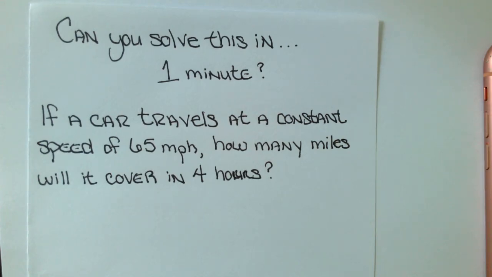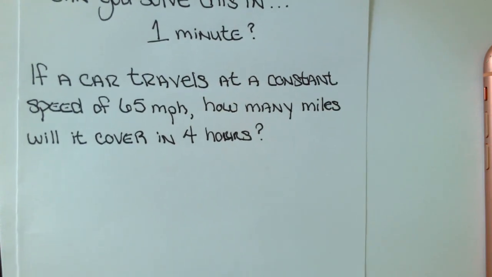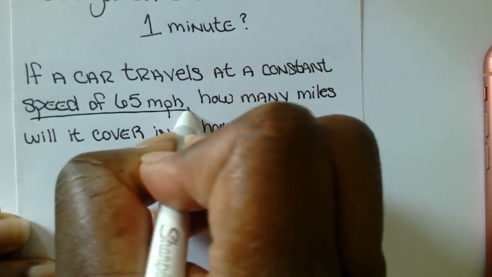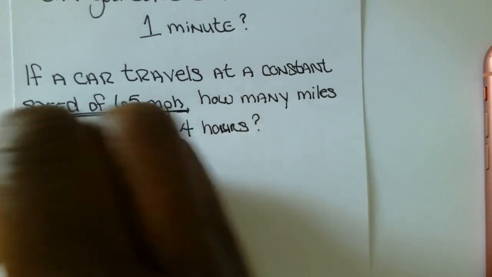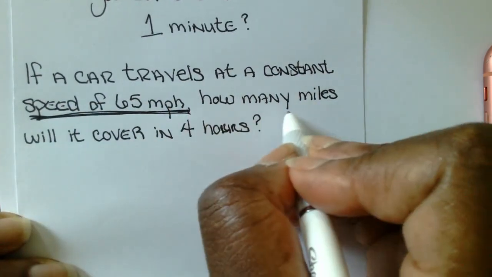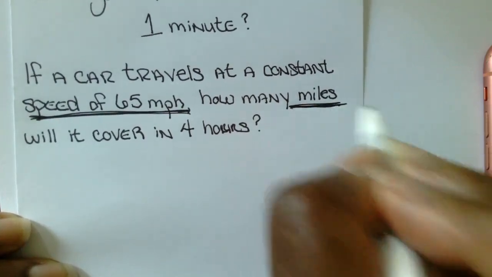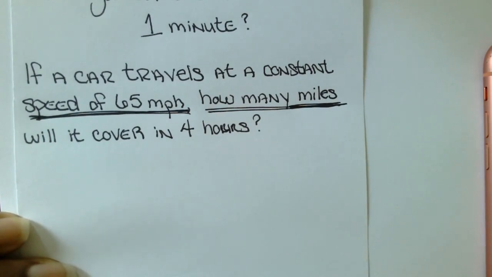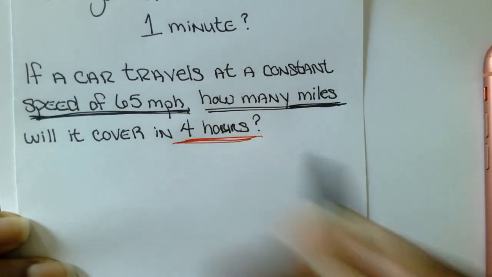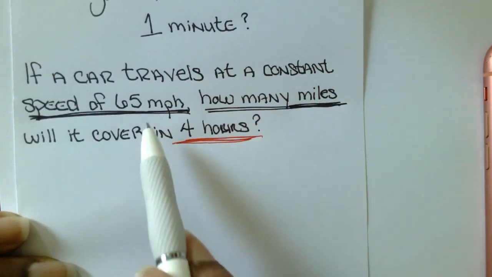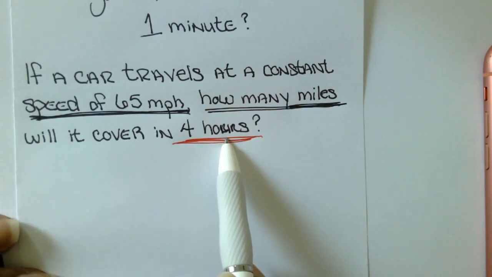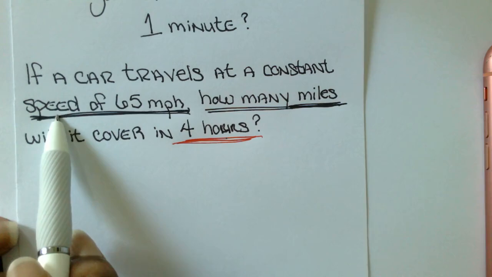Thank you. All right, so let's take a look. If a car travels at a constant speed of, that's important, 65 miles per hour, then they ask, how many miles? This is what we're looking for. It's going to cover 4 hours. They're talking about miles, they're talking about hours, and they're giving us our speed.